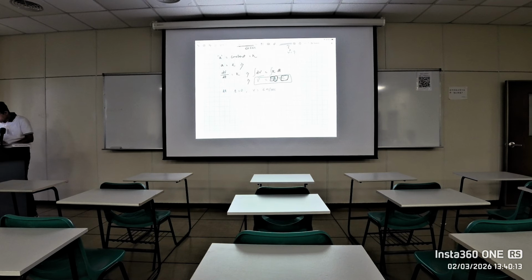So if I put these two values in this, I can write v is equal to 6. 6 is equal to k into, in place of t it is 0, plus C. So this will give the C value is equal to 6.